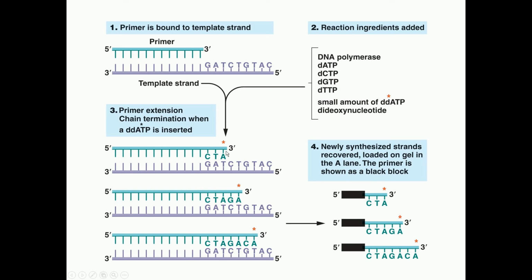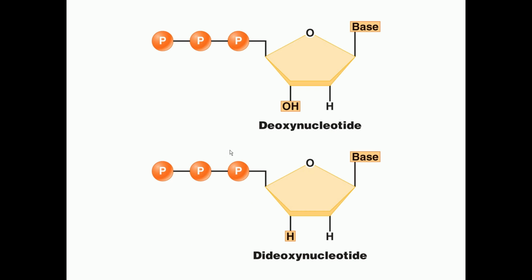So if dideoxy gets attached here, after this the reaction will stop. Now why will this reaction stop? Remember that dideoxynucleotide has an H group and DNA polymerase needs an OH group. Dideoxys don't have an OH group, they have an H group.